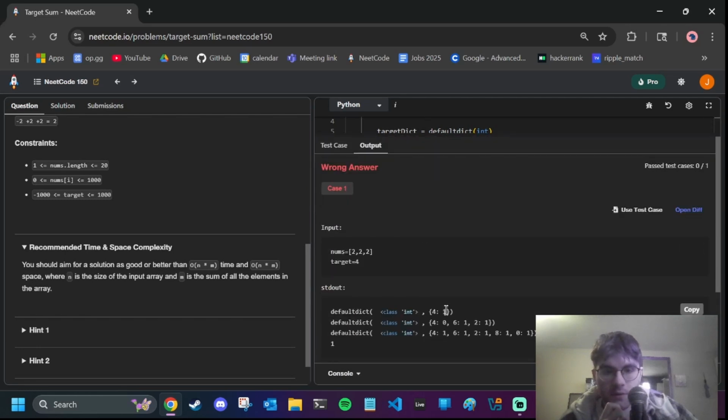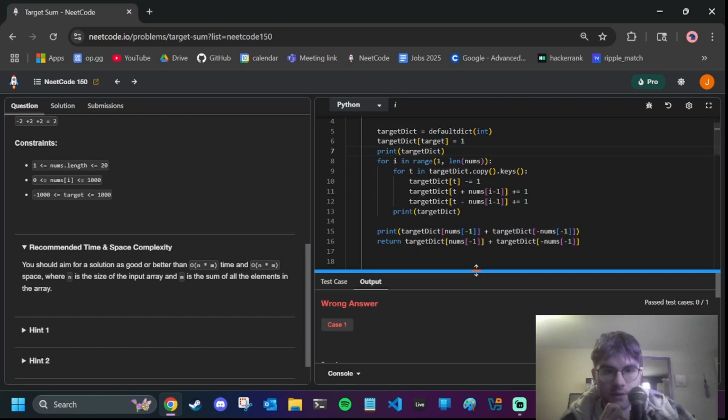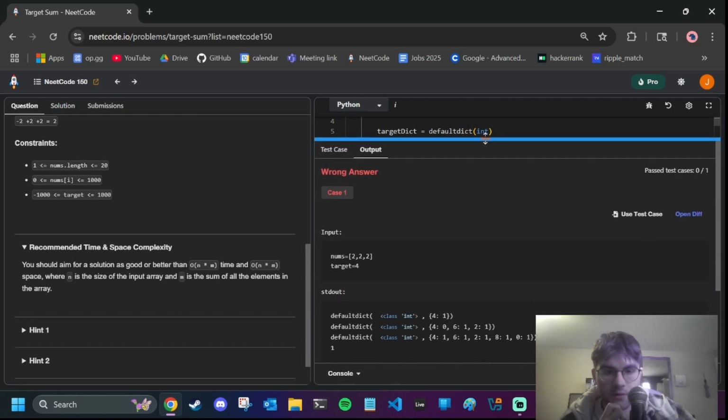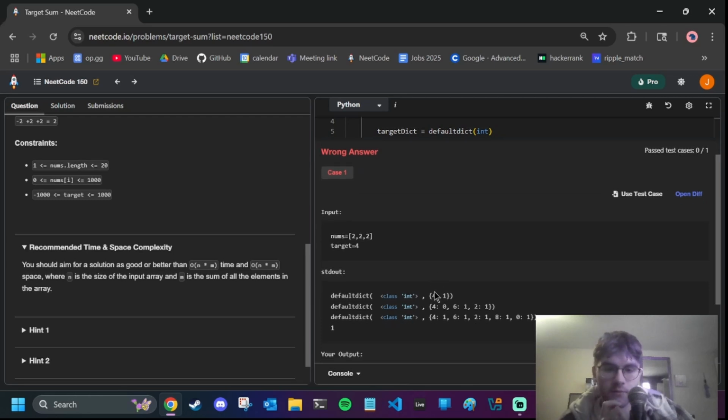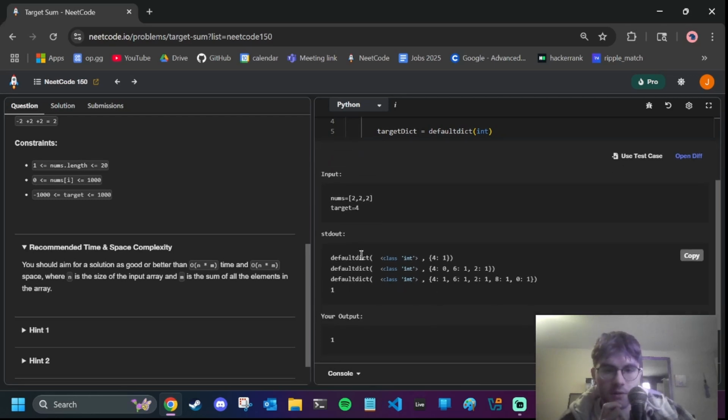Okay, so it starts as 4, and then after we... Alright, so why is it not going down? Yeah, that's the issue. So 4... Oh, well, it does go to 0. Alright, so it's 4, 6, 2, 8, or 0. And then it's saying, okay, 2 is in there.